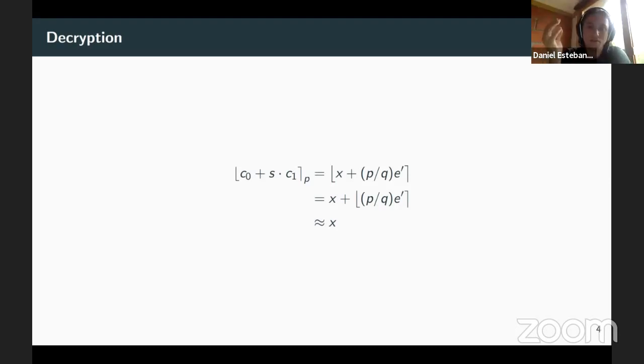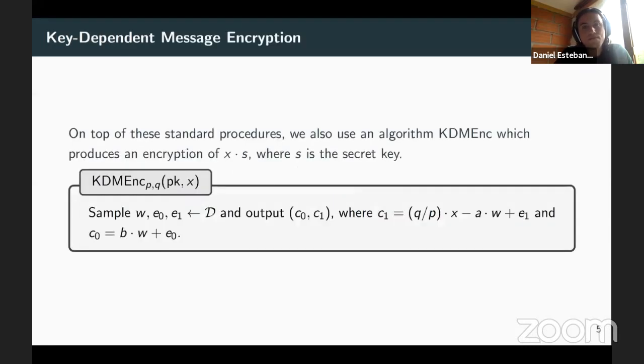And once it goes out of the rounding, what remains, P divided by Q times E prime, should be small, and that should give you essentially X. When I write approximately equal to X, I don't mean it's close, but that most of the time it's going to be the same. We just choose the parameters so that P divided by Q times E prime is small enough, and that's very easy to do. E prime is essentially less than Q divided by P divided by 2, I think. So far so good. That's why decryption works.